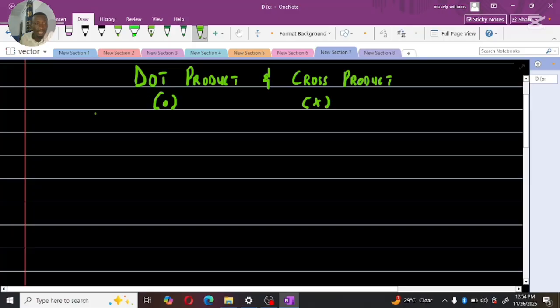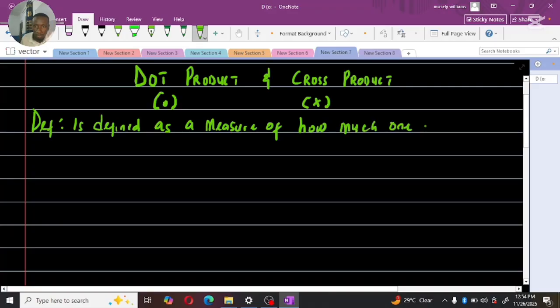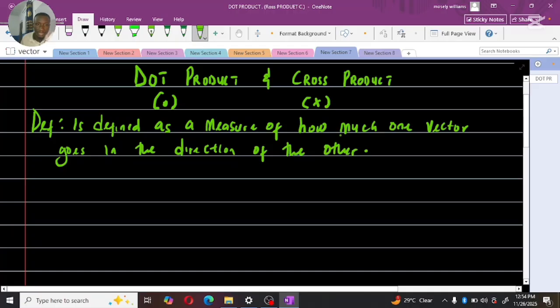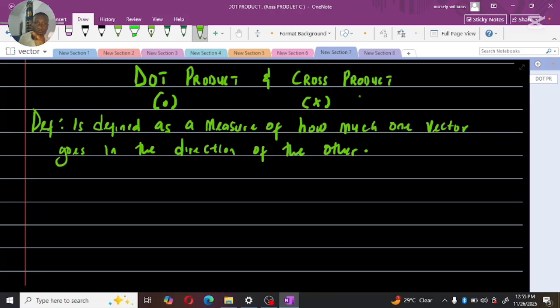So we are saying that the dot product is defined as a measure of how much one vector goes in the direction of the other.